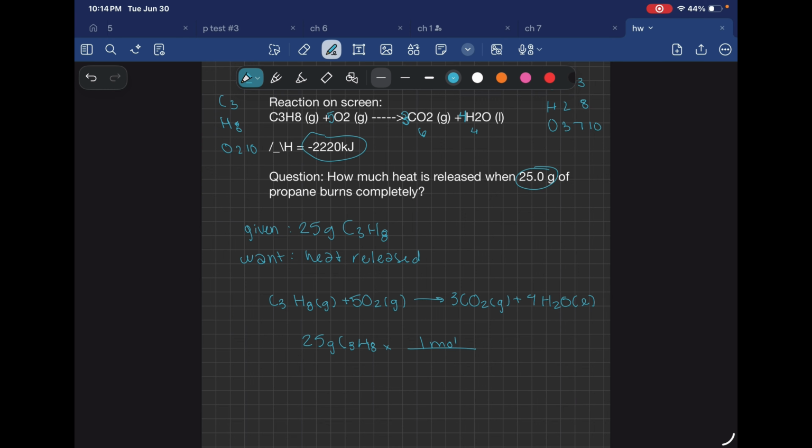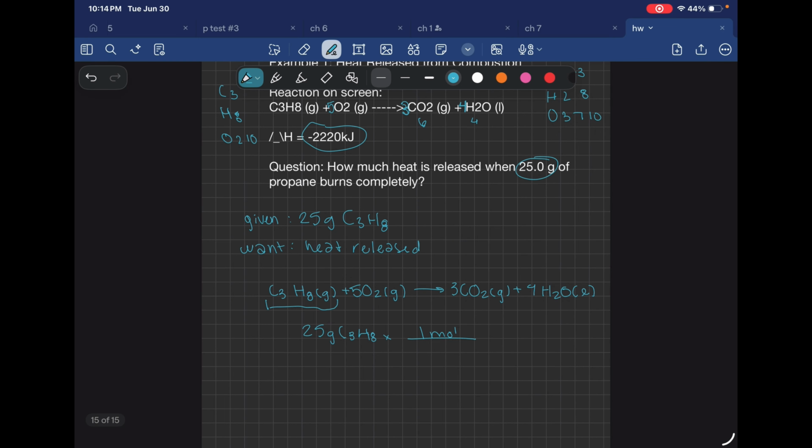So we have 1 mole of C3H8 for every, sorry, I have an itch, and the molar mass of C3H8 is 44.11 grams of C3H8. All right, so since we have this, we can cancel out these units.